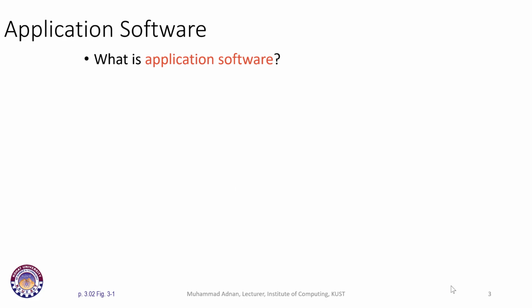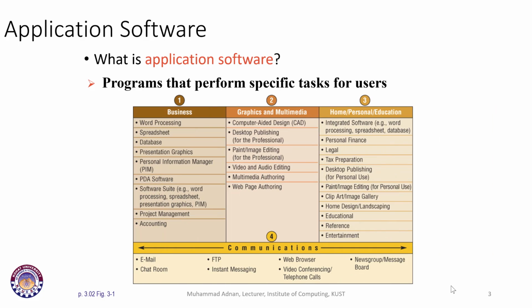So what is application software? Application software is a program that performs specific tasks for the user. We use many types of application software. There are business types of application software, graphics and multimedia, and application software for home and personal use, and for educational use.